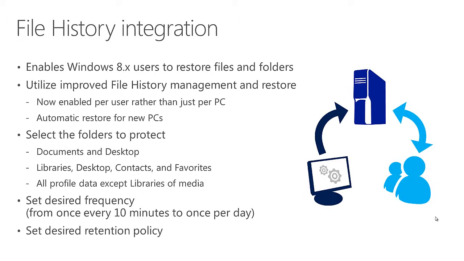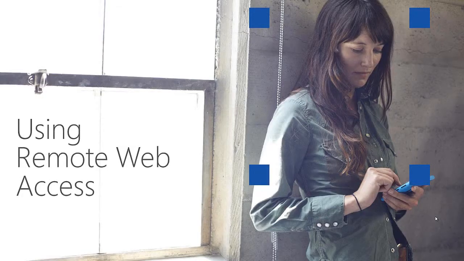It can be as often as once every 10 minutes, or just once per day. And you can also set the retention policy, so how long things get kept. This could be indefinitely until you run out of space, or you can choose to refine that so that you use less disk space for file history.